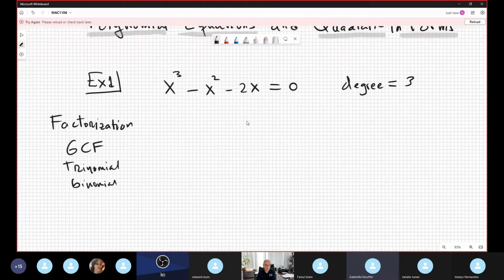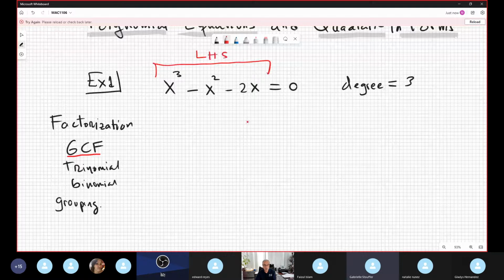Grouping is when you have 4 terms. In this case, no. In this case you only apply factorization by GCF, because I see x is a common factor. What is the greatest common factor on the left-hand side of this equation? Well, x, you factor out x.